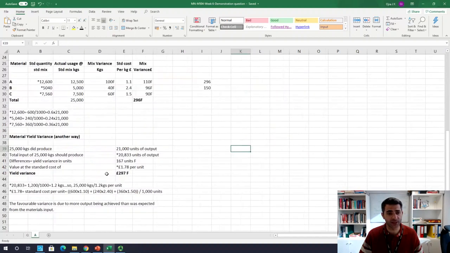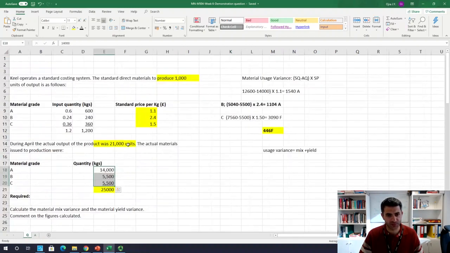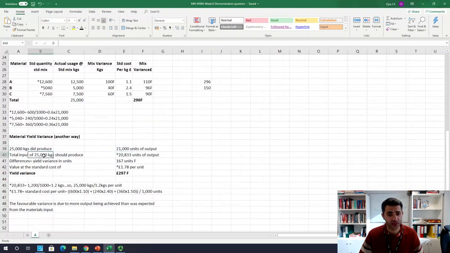But these 25,000 kilogram, how many units of output did it produce? 21,000 units, isn't it? True. Okay. Now, the total input of 25,000 kilogram should produce, right? Based on the standard mix, how many units do we expect to produce?